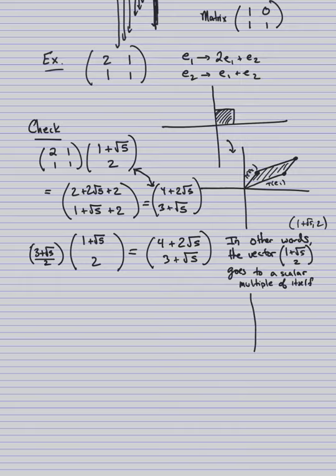So if I draw the picture here, all my dimensions or pictures are going to be slightly off. But this goes to a scalar multiple of itself where you multiply by 3 plus square root of 5 over 2. So it goes to something that is on the exact same line through the origin, but just multiplied by this value. Okay?